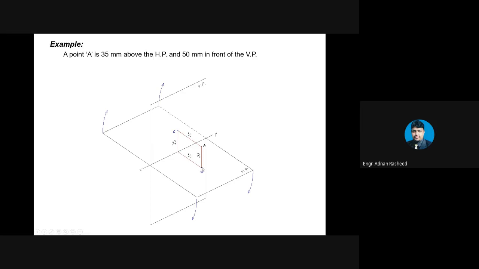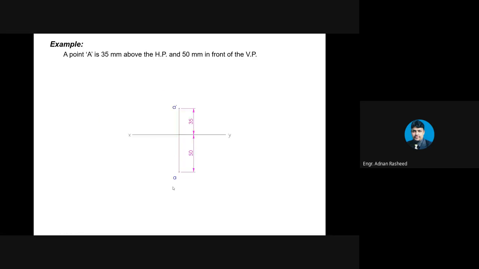So you have to draw this vertical line and mark a point that is 50 millimeter away from the XY line, and it will be represented with A, like this. You do not have to perform these things; these are just for your understanding purpose. So again, you have to do this.